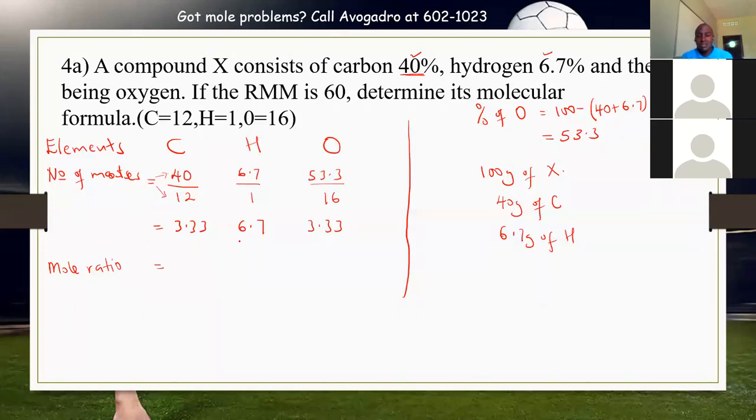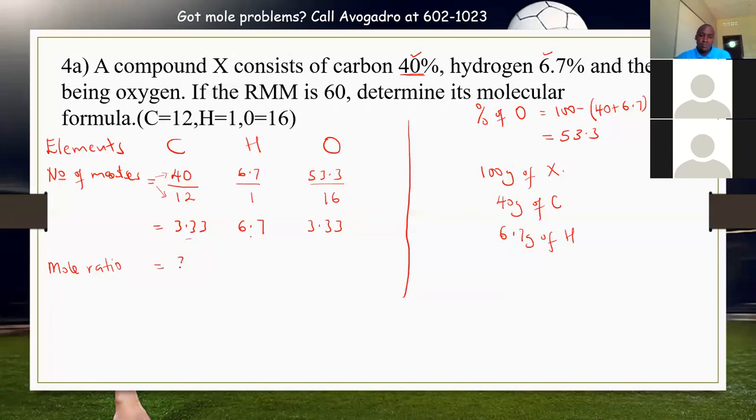So still you are seeing the ratio of carbon to hydrogen is kind of times 2. However, for us to get a good ratio, normally we divide through by the smallest, because that helps us get a good mole ratio across all 3 elements. Even from here, you can see that this one is almost double these other ones.